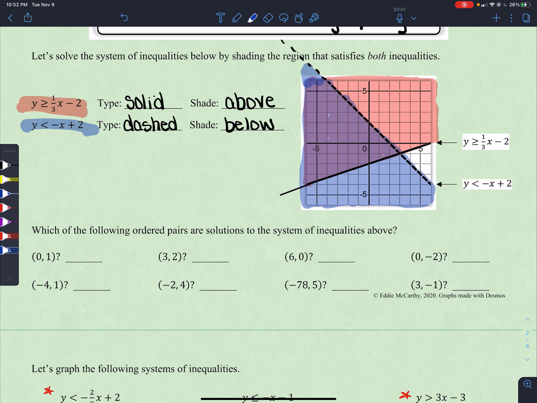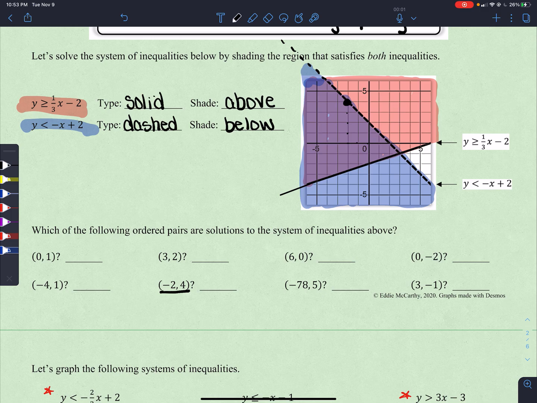So I want to try this one right here. So if I go over to negative 2 and up 4, I am looking for any point that is in the area that overlaps with the red and the blue. Negative 2, 4 touches that area with red and blue.